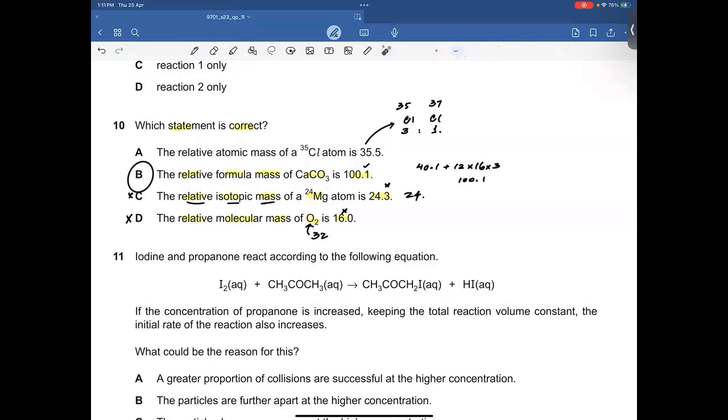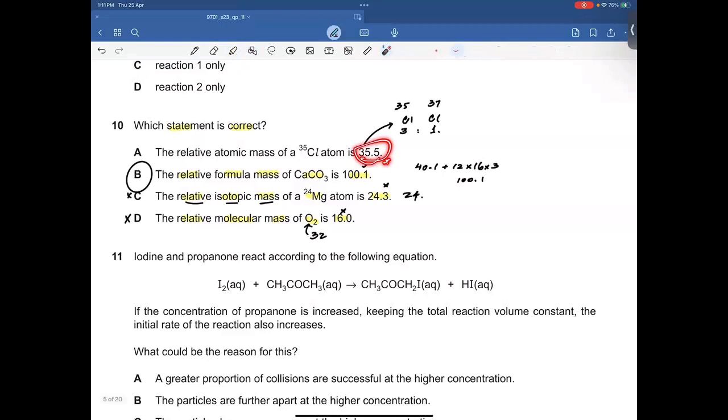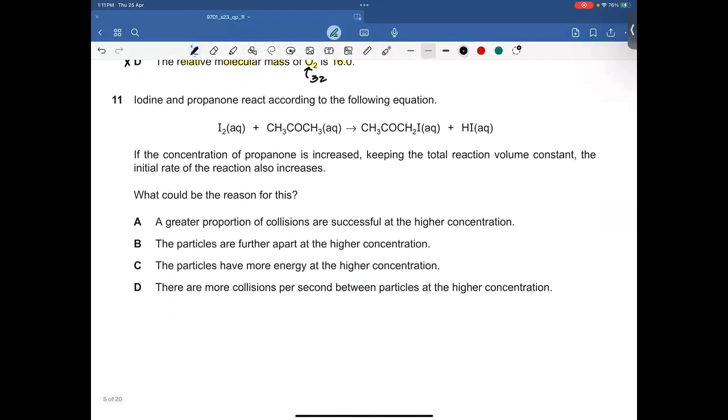So this relative atomic mass basically shows the two different isotopes of chlorine, whereas the examiner is giving the relative atomic mass of Cl-35, which is not going to be 35.5. It has to be exactly 35. So this is incorrect. Okay.